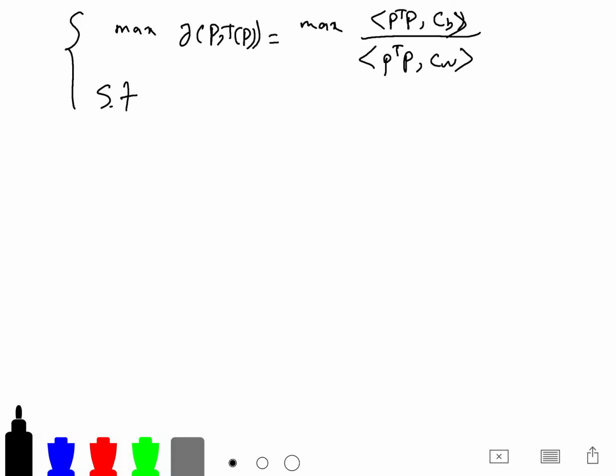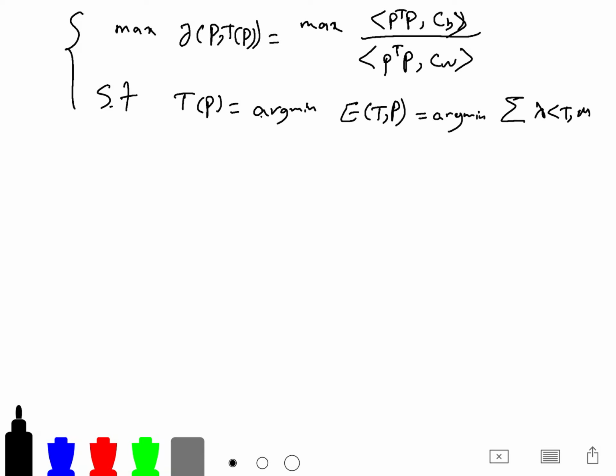But subject to another optimization problem, which is T of P is equal to arg min of E of T and P, which is equal to arg min of sum of lambda T and M minus this entropy term, and we solve it using just gradient descent.